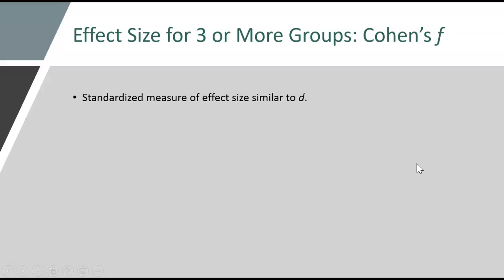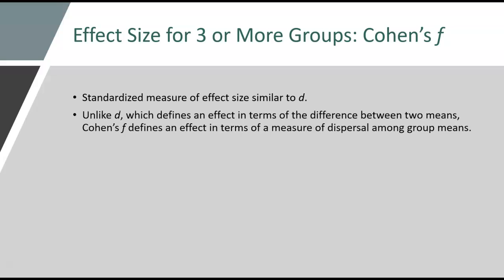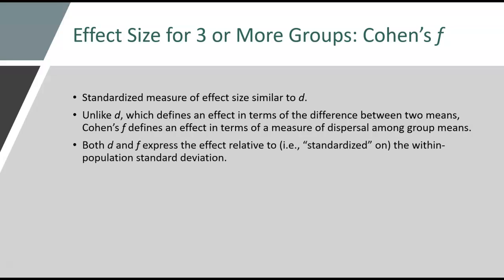Unlike Cohen's d, which gives you the effect size in terms of mean differences, so differences between 2 means, Cohen's f gives you the effect size based more on dispersion, the dispersion of the scores within a group of means.